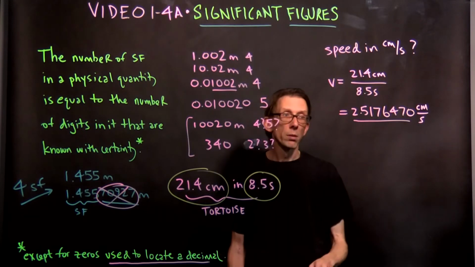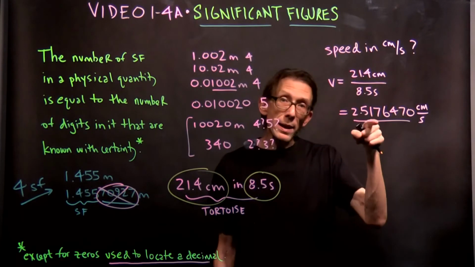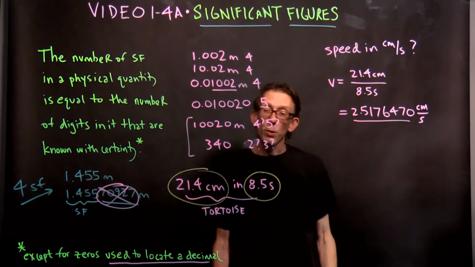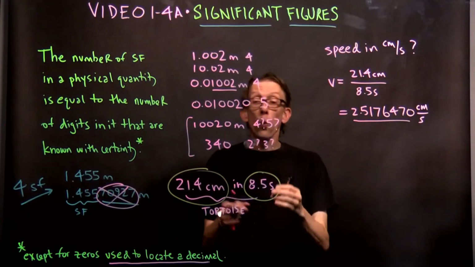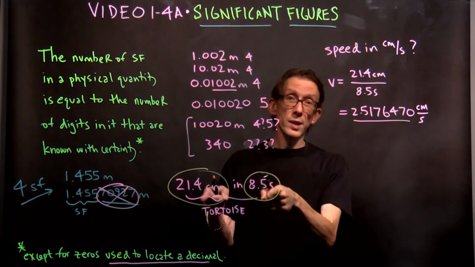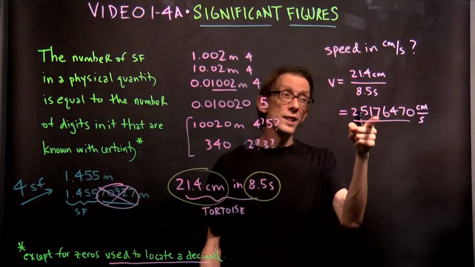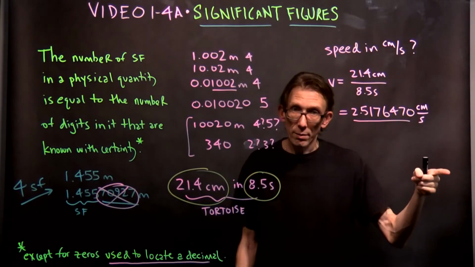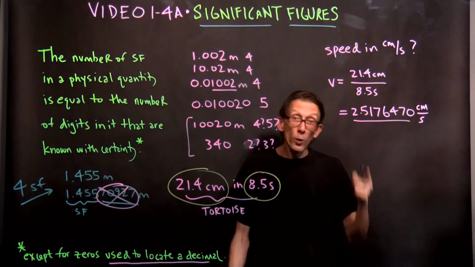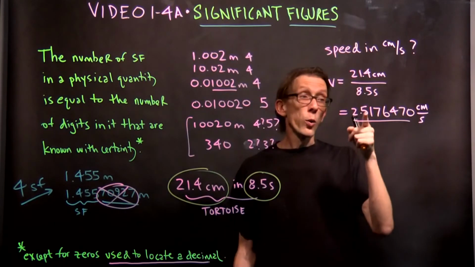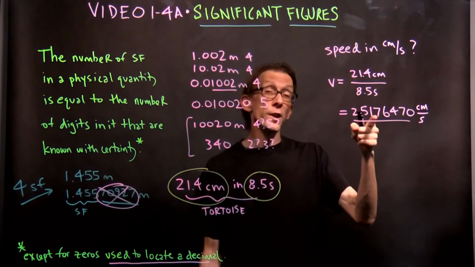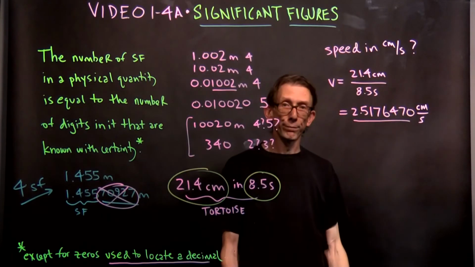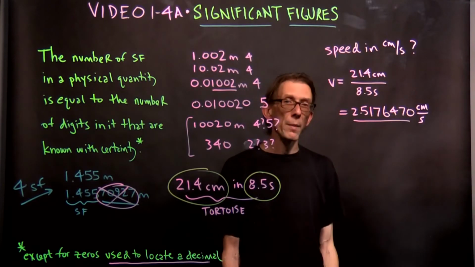So the question is, can we keep that many figures in our answer? The answer is no, we cannot, because we only knew the original numbers with so much precision. We can't know the answer with 6 more decimal places of knowledge. So the question is, how many of these figures do you keep in the answer? You don't keep all of them. You keep some of them, but how many?